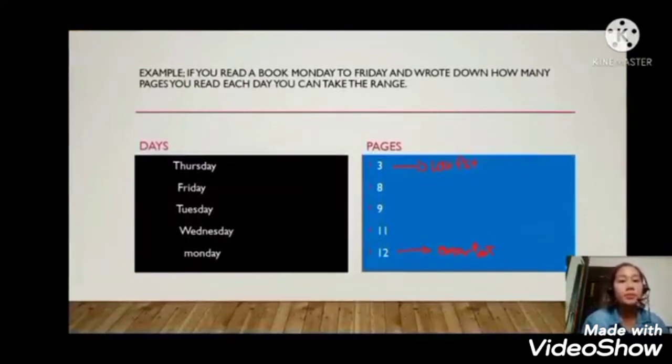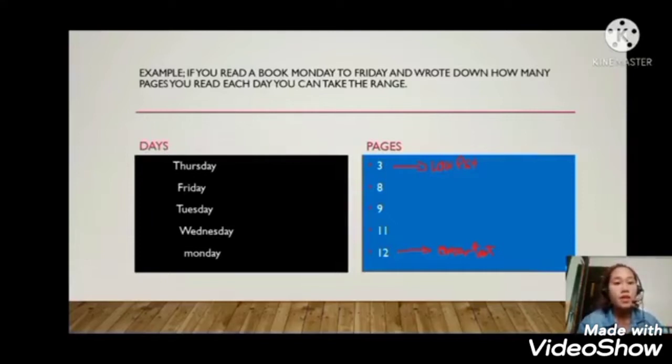So for example, if you read a book Monday to Friday and wrote down how many pages you read each day, you can take the range. So we have to evaluate the days and its pages.